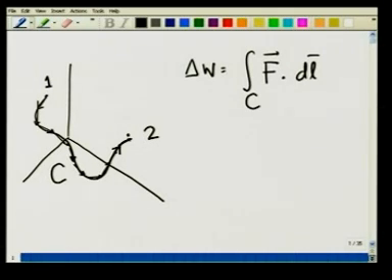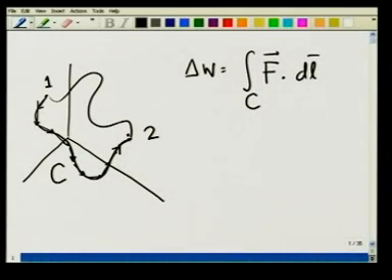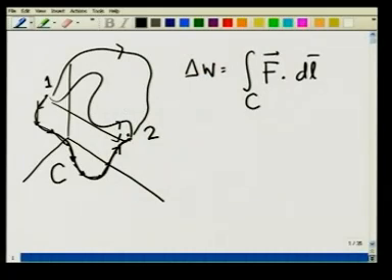Let me now talk about conservative forces. If you recall, a conservative force is one in which no matter what I do, whether I choose this path or this path, or go straight from 1 to 2, or go in some arbitrary way, the work done is always the same.